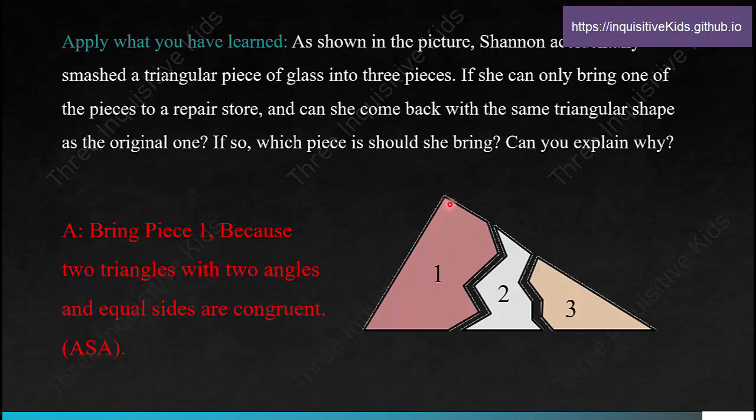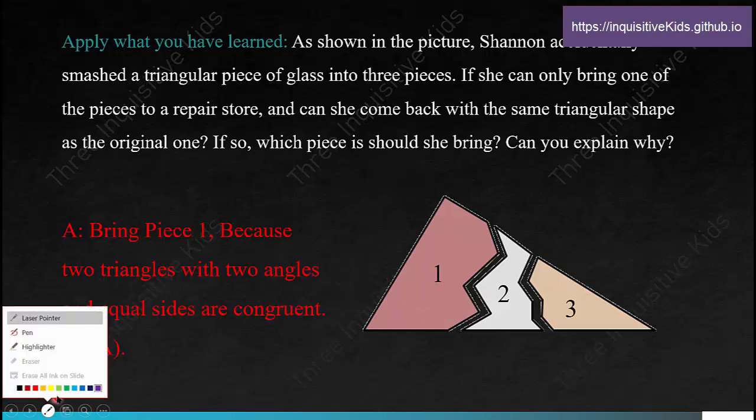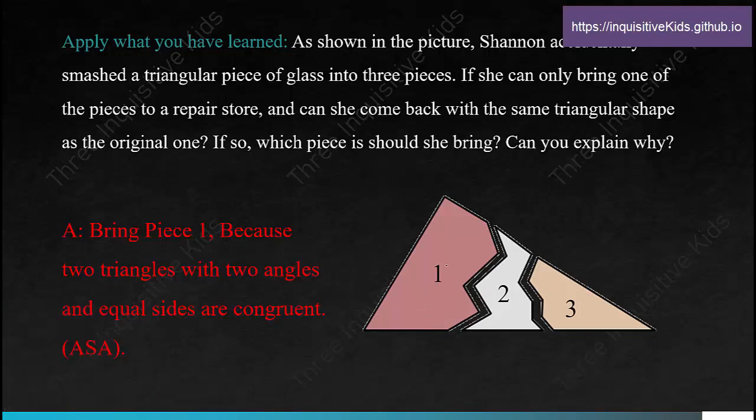So why would we bring piece 1? Because in piece 1, two angles are known and one side is known. So that would be ASA. Now let me explain why the other ones wouldn't work. So let's first look at 2, okay?